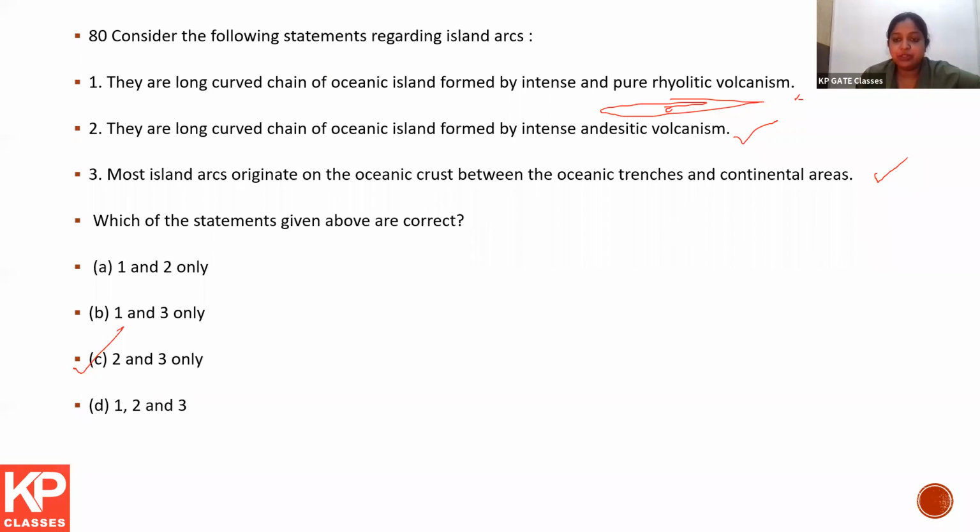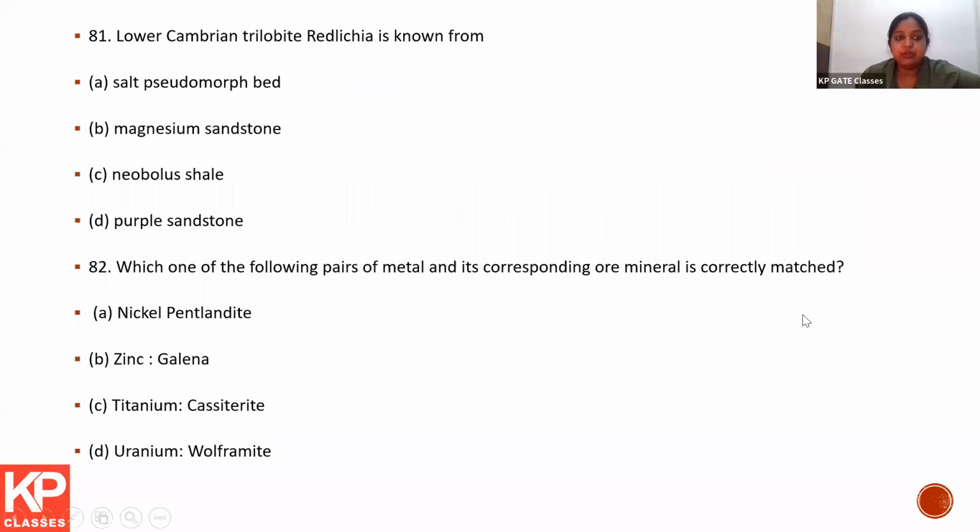Let's go further to the next question. Lower Cambrian trilobite Redlichia is known as nebulous shape. Okay. Now the next question. Which one of the following pairs of metal and its corresponding ore mineral is correctly matched?